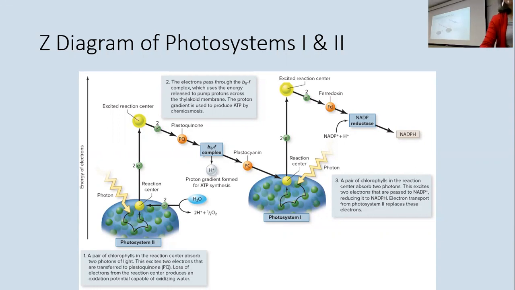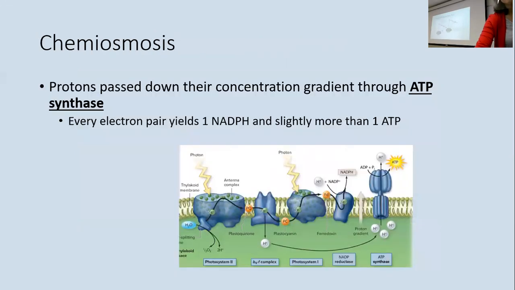All right, so that happens. We've made a bunch of NADPH. We've been pumping protons through the B6F complex inside the membrane. The last step in the light-dependent reactions is chemiosmosis. We've got all these protons built up here, highly concentrated in here, not highly concentrated out here, and they want to get out.